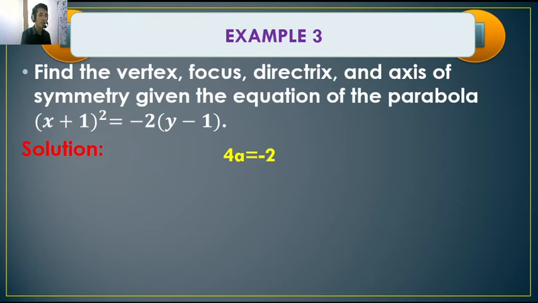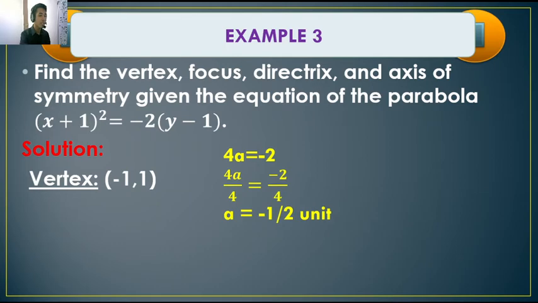So we have 4a is equal to negative 2. Then divide both sides by 4. a is now negative 1/2 unit. Since a is negative, the parabola opens downward.